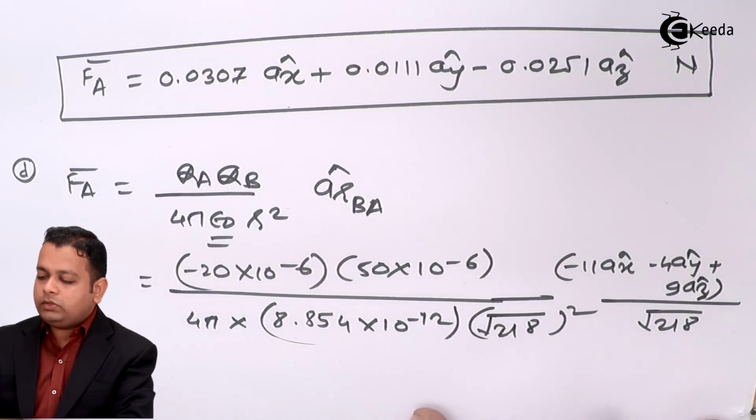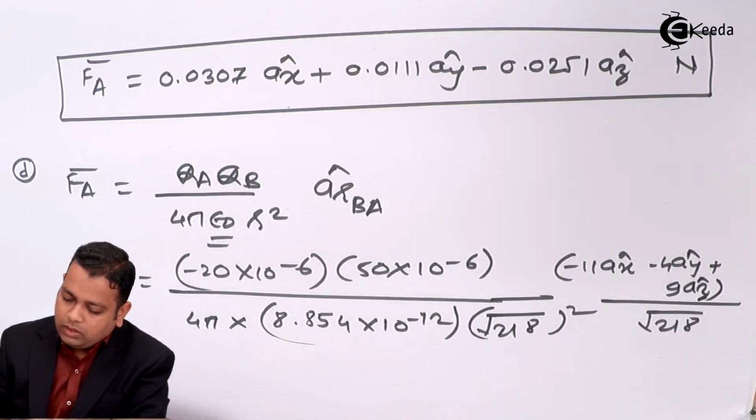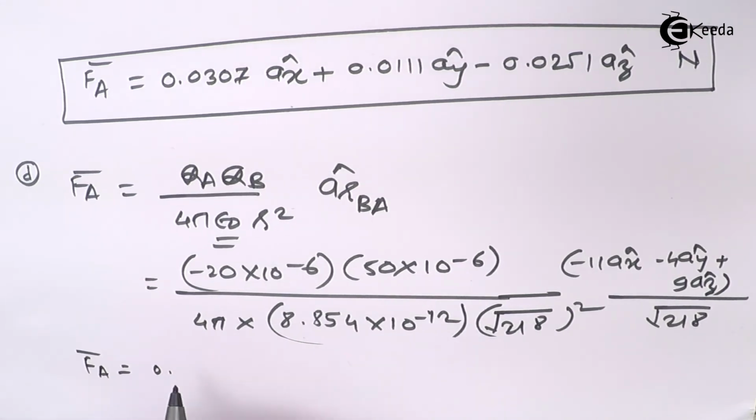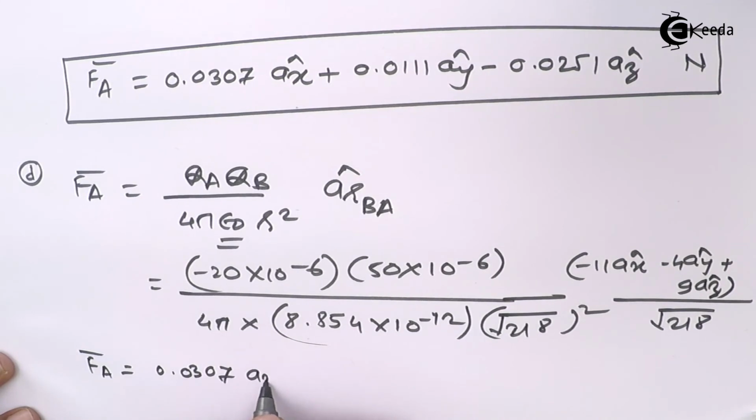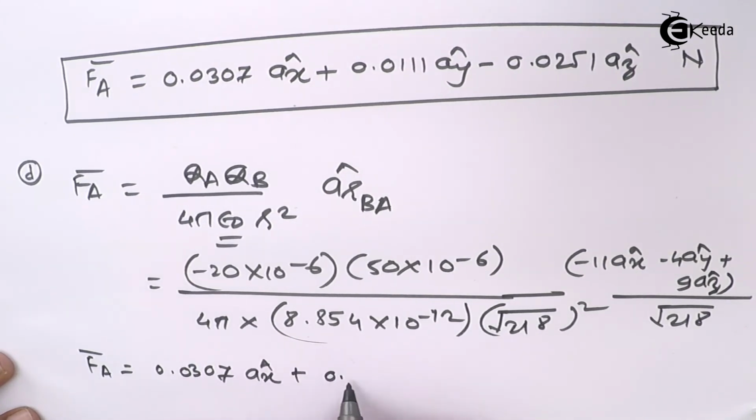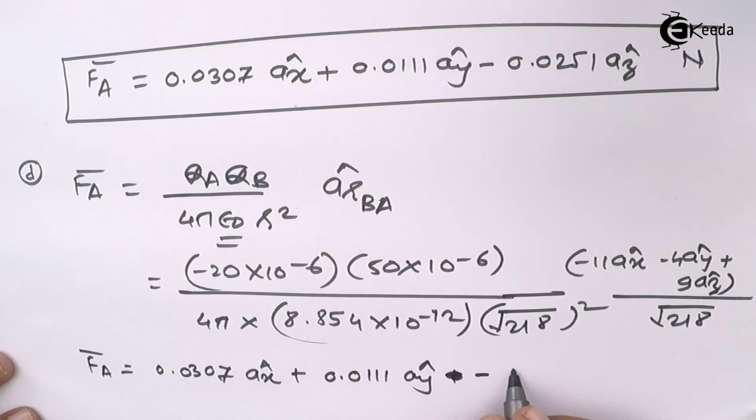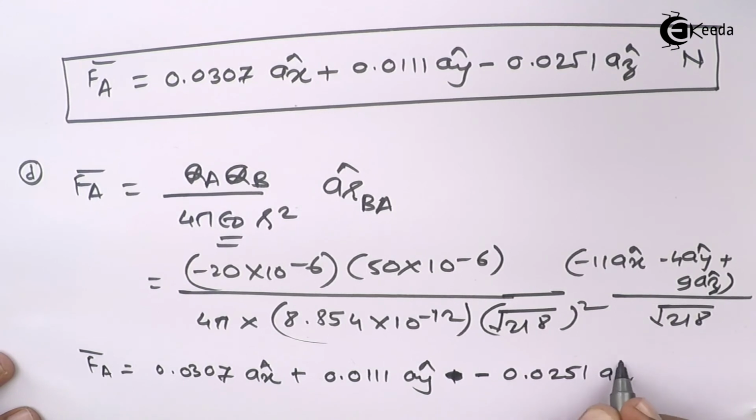So upon solving this also, FA bar is equal to 0.0307 AX cap plus 0.0111 AY cap minus 0.0251 AZ cap.